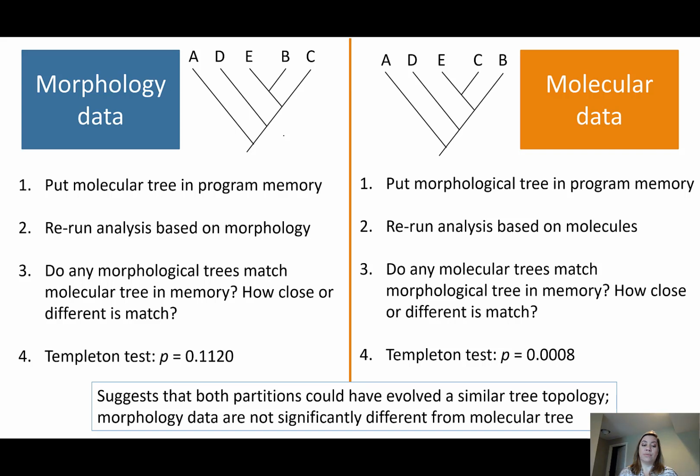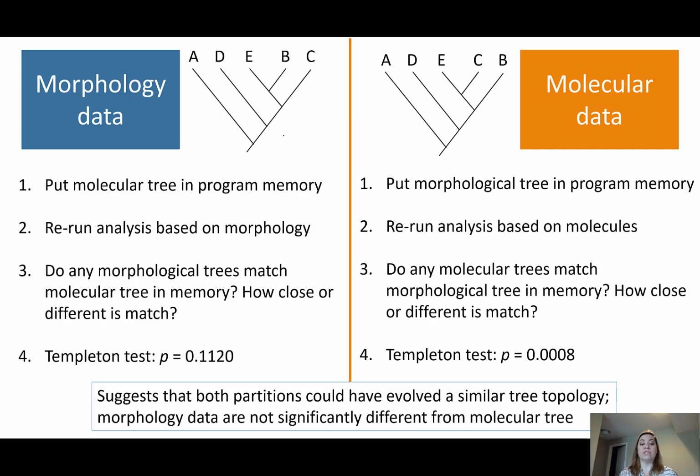And that basically comes from the fact that the morphological data, if you look at the morphological data set and that p-value, are not significantly different from the molecular tree. Remember that you ran the morphological data set, and then the trees you got from the morphological analysis was compared to the molecular tree that you kept in memory.